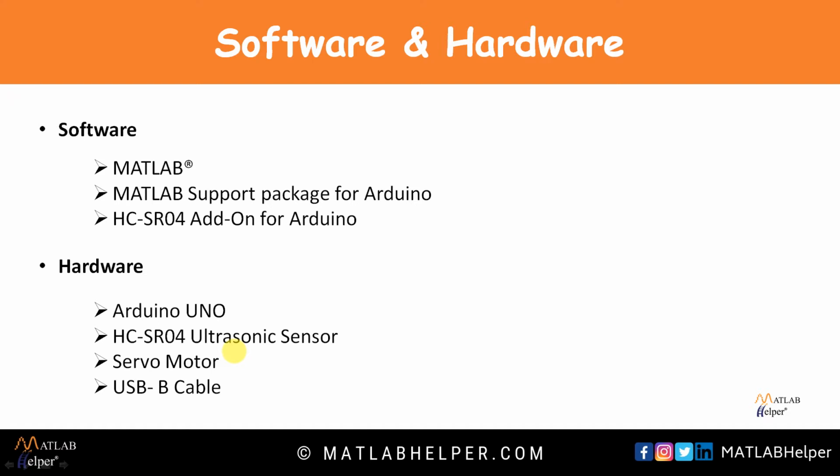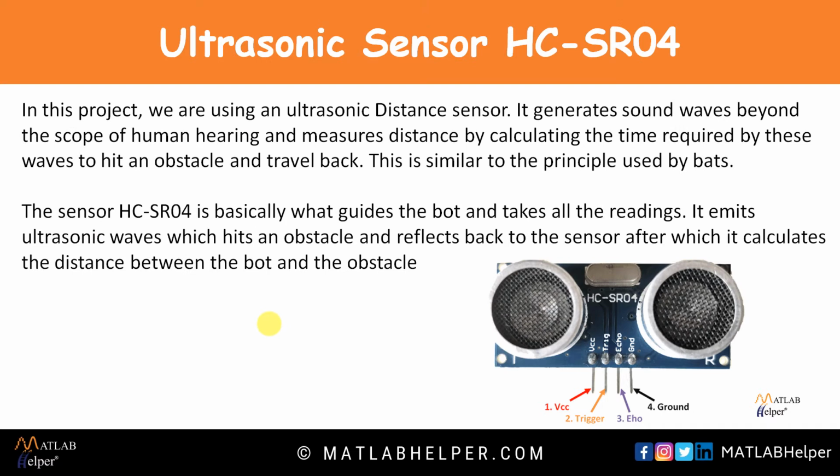Now we will see about the ultrasonic sensor, that is HCSR04. Basically, in this project we will be using an ultrasonic distance sensor. What is the use of this? It generates ultrasonic sound waves that are beyond the scope of human hearing, and it measures the distance by calculating the time required by the waves to hit an obstacle and travel back.